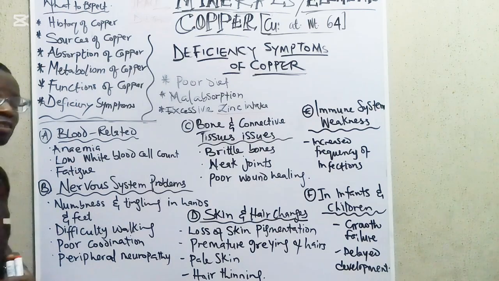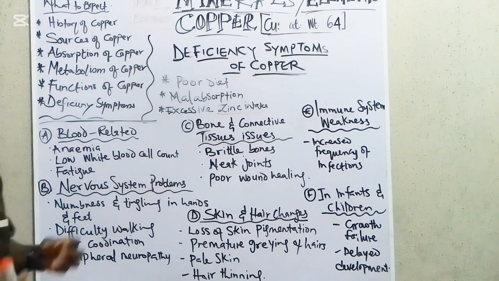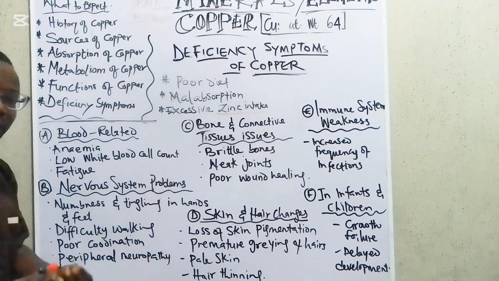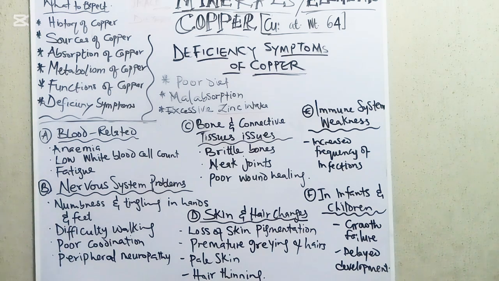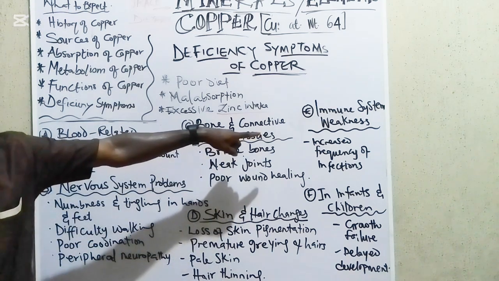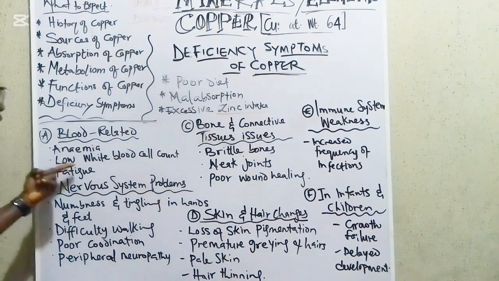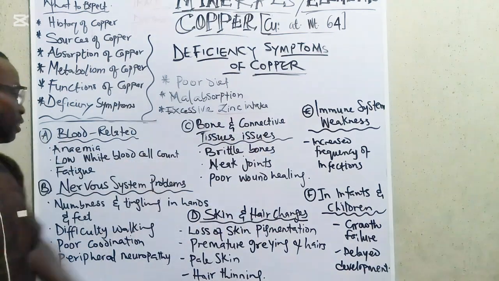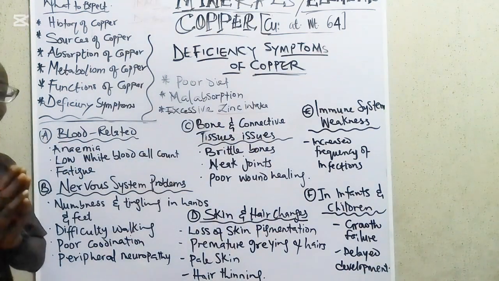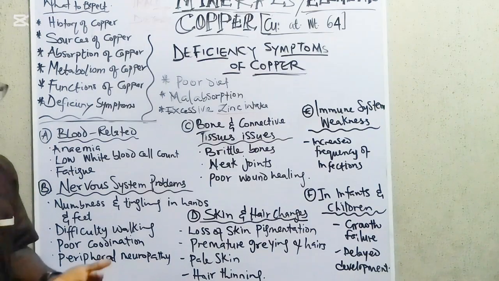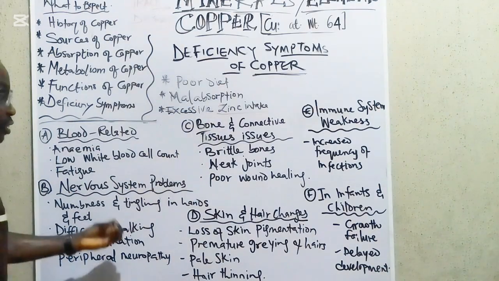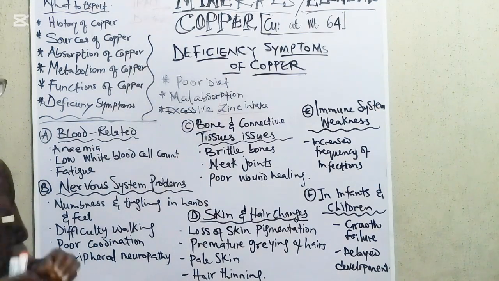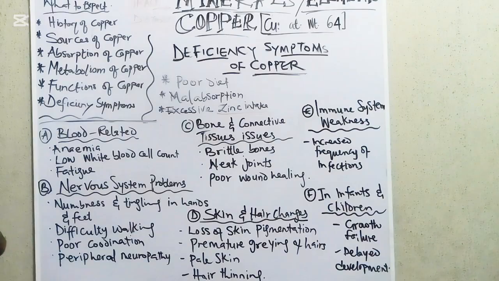And once white blood cells are affected, it leads to the animal or human falling to infections often. We'll get to that when we get to the immune system, because this is related. So when the count is low because of deficiency of copper, you see that the animal or person is easily susceptible to diseases.